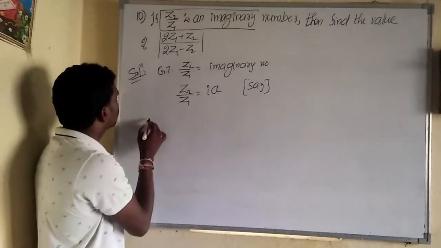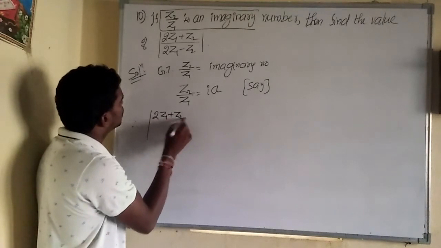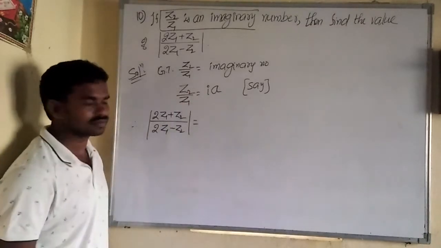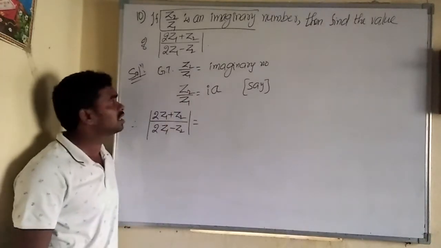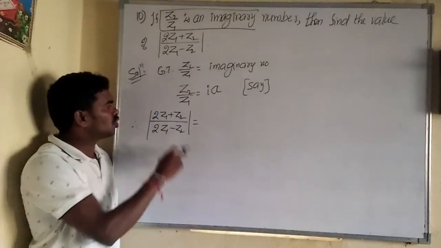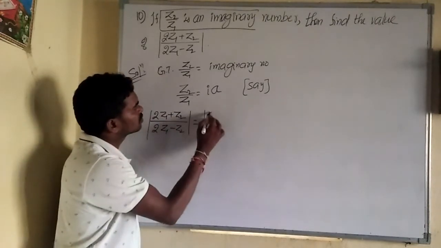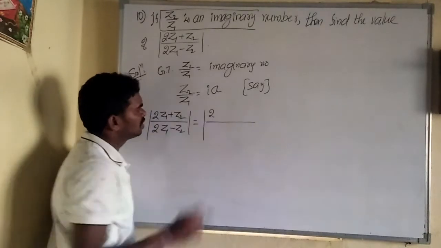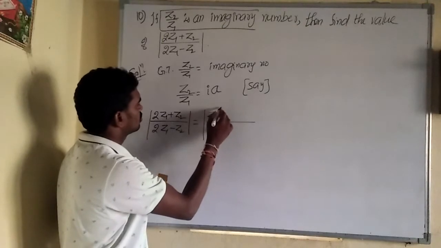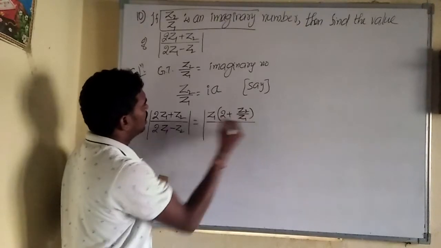Now take the question. Therefore, modulus of (2z1 plus z2) by (2z1 minus z2) is equal to what? I am going to simplify this. I am converting this into z2 by z1 terms. To get z2 by z1, take z1 common in this. Then 2 plus z2 by z1.